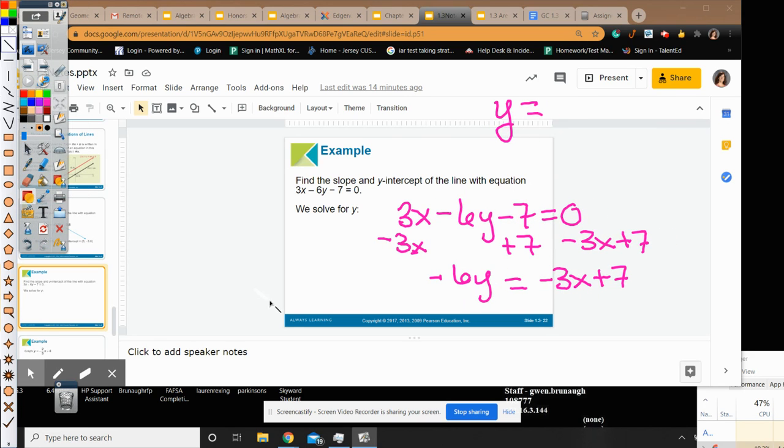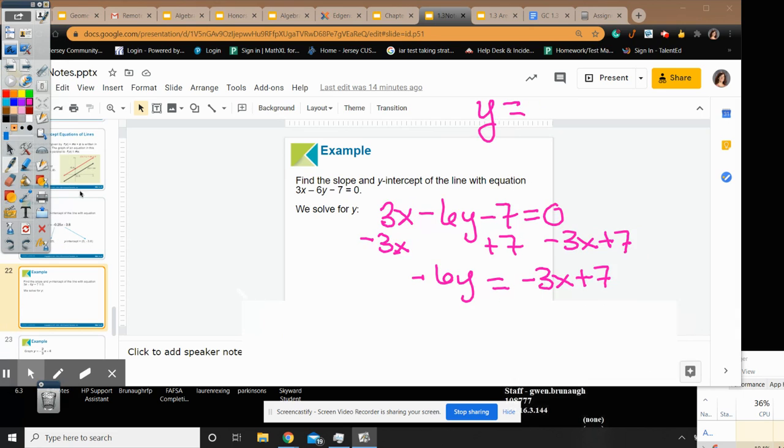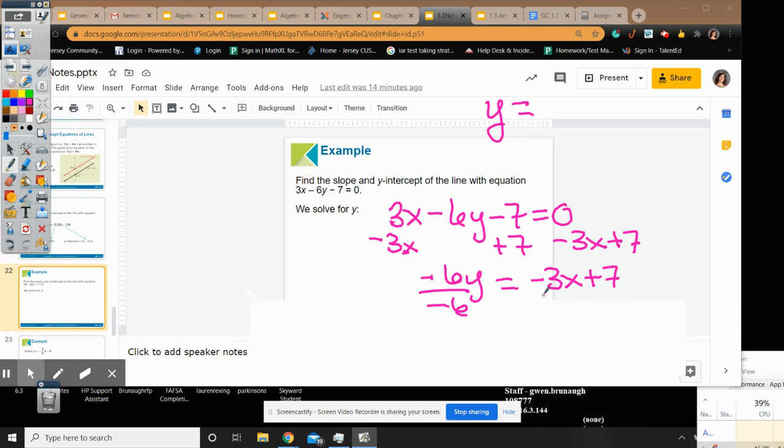To get y all by itself, we're going to have to divide all the numbers by the negative 6. You're going to be careful with signs. I get y equals negative 3 over negative 6, which is 1/2, x minus 7 over 6. So that's the slope-intercept form.